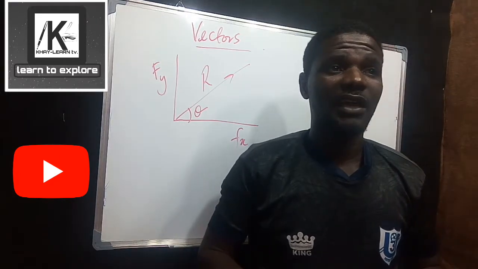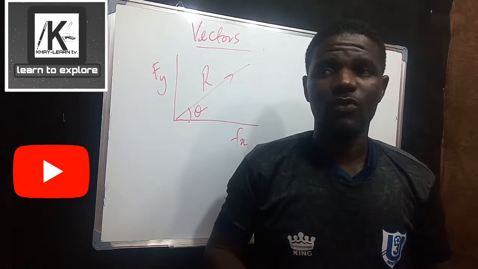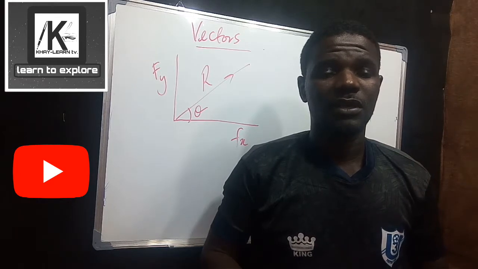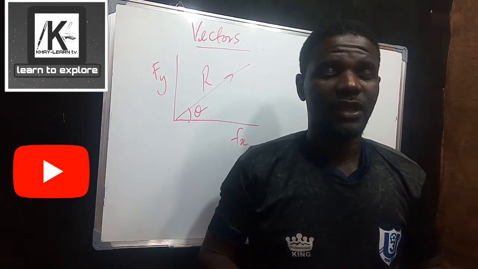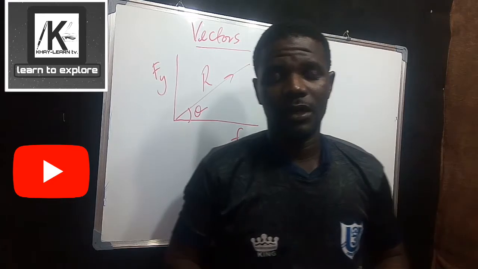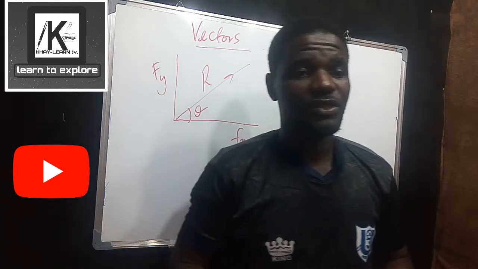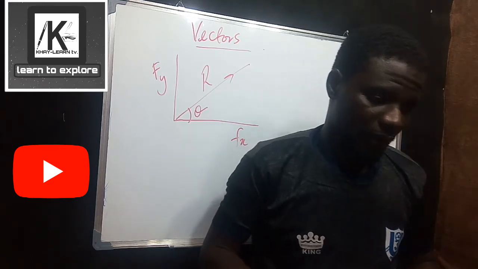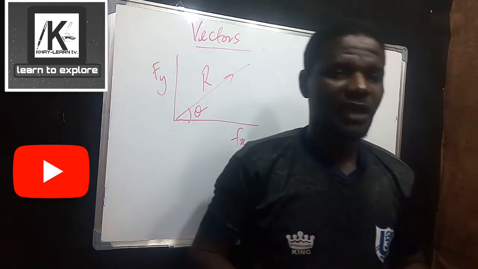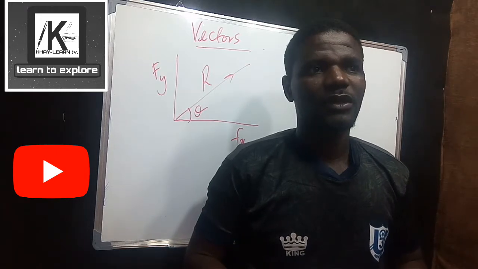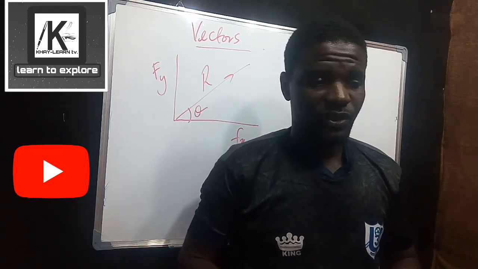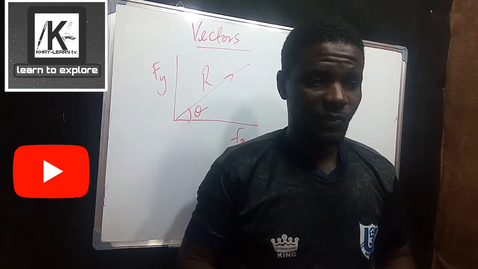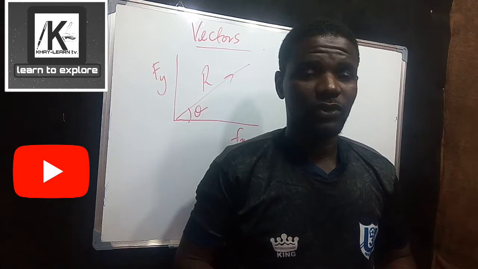I also analyzed where the resultant will focus, and I made mention that if a vector is greater than the other, then the resultant will definitely be on its own side. And I also discussed when the vectors act perpendicular to each other, that is 90 degrees to each other, and we analyzed some examples, and I hope it was clear to everyone.